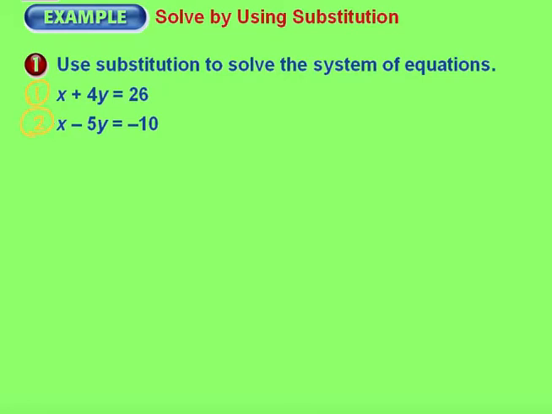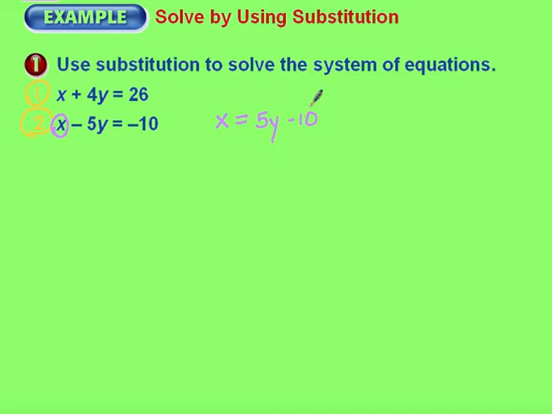Now, what I'm going to do is look at what I have and figure out which variable looks easiest to solve for, because it doesn't matter which equation I start with. If I look at both equations, I think this x is going to be pretty easy to solve for. So I'm going to start with that second equation, and I'm going to make that x equals 5y minus 10 when I add it over.